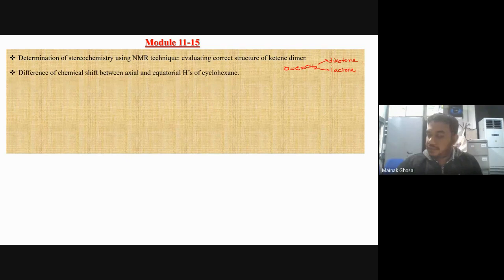Now there was a discussion about the difference of the chemical shift between the axial and equatorial hydrogen of cyclohexane. We discussed that this beta gamma bond anisotropy helps to distinguish these two hydrogens, because the equatorial one will have a higher delta value due to this anisotropy than the axial one.